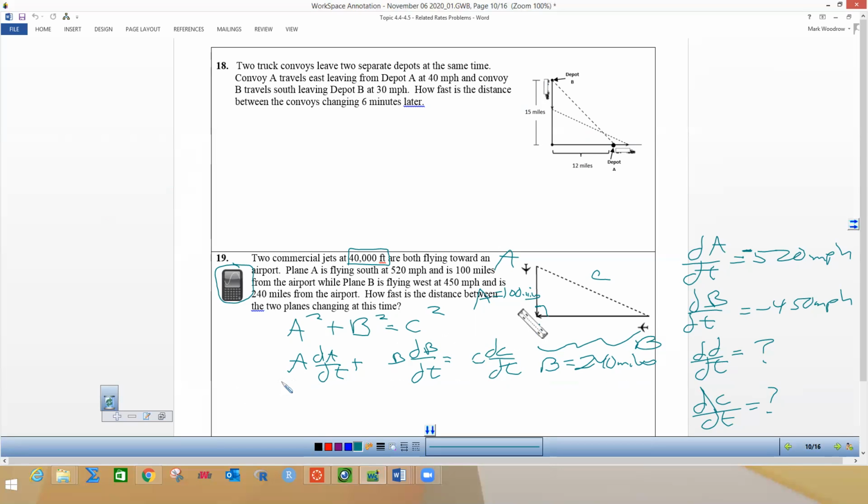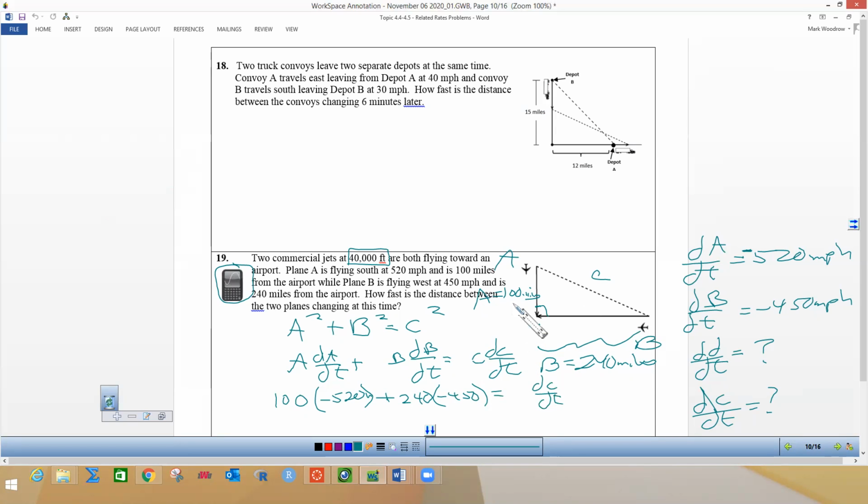So I know A is 100, and I know dA/dt is negative 520. I'm not going to put these in here, but they work the same way as the other one did. And then B is 240, and dB/dt is negative 450. C we don't know, and we're looking for dC/dt.